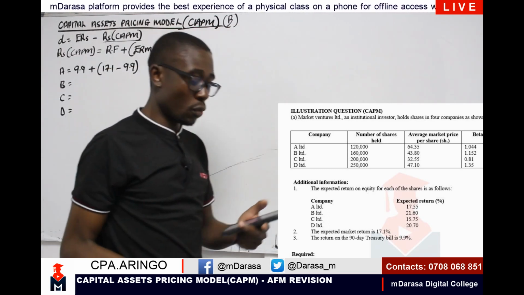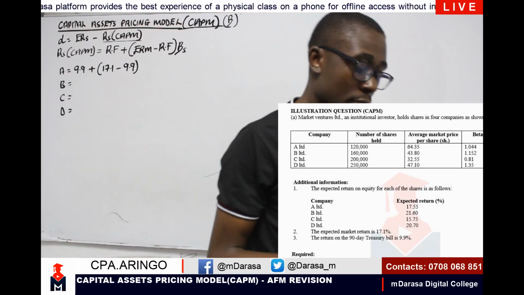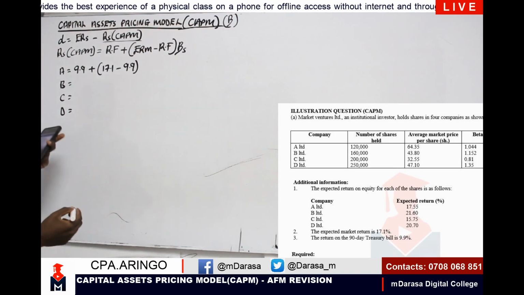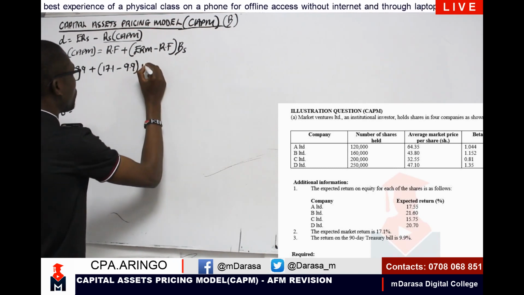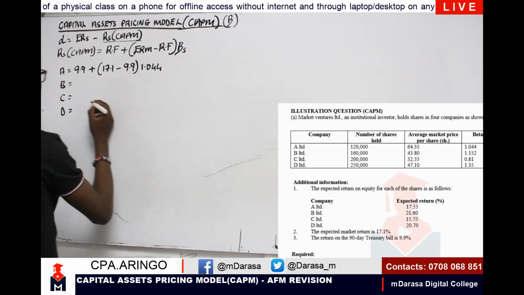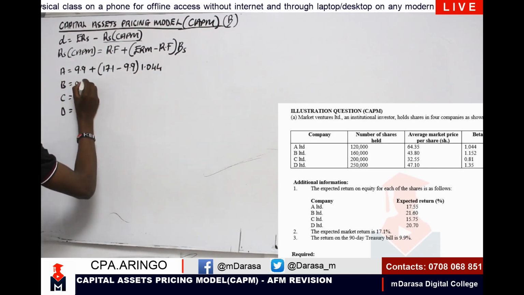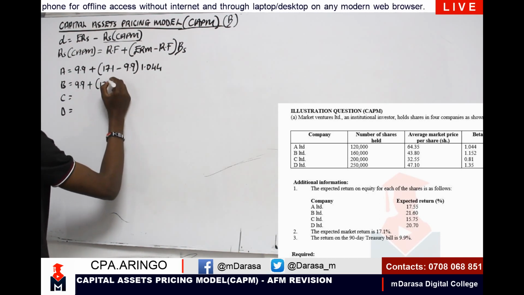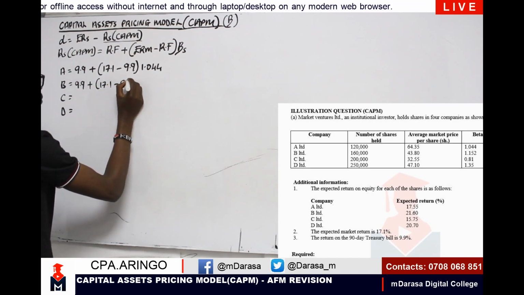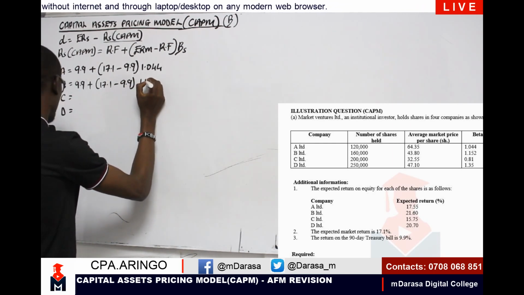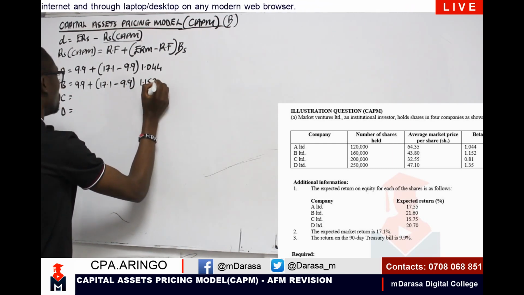The beta coefficient of security or investment A, I'm having 1.044, right? The same procedure here: 9.9 plus expected return of the market times the beta of investment B, which is 1.152, right?